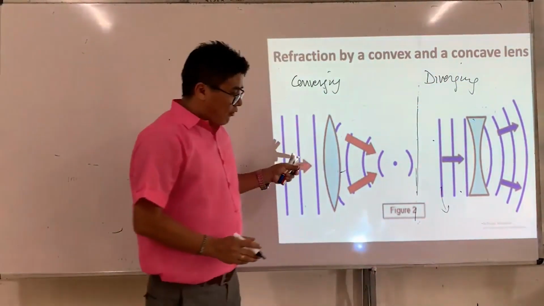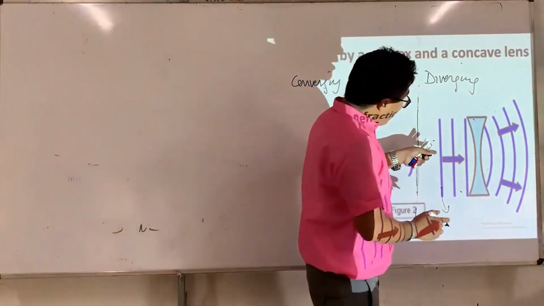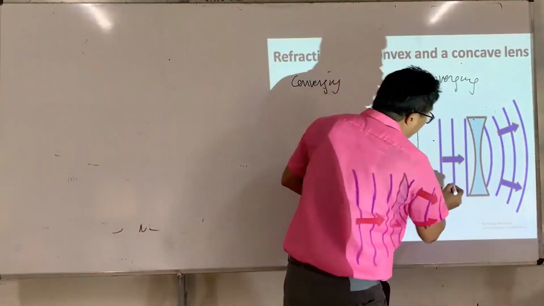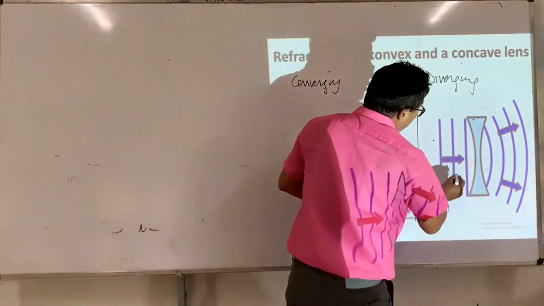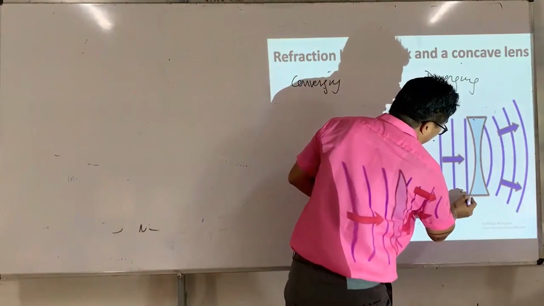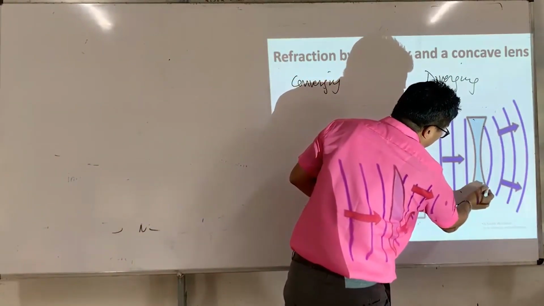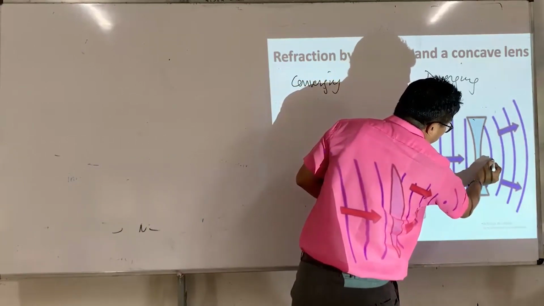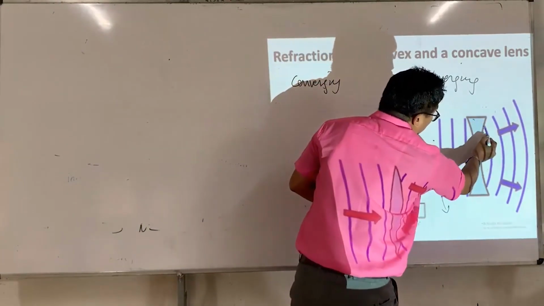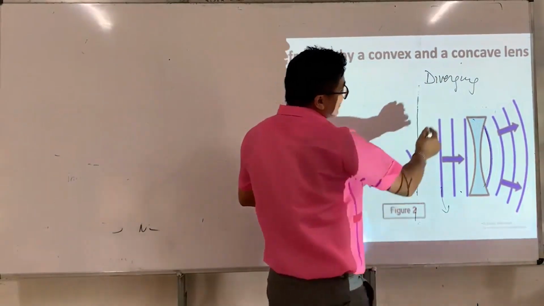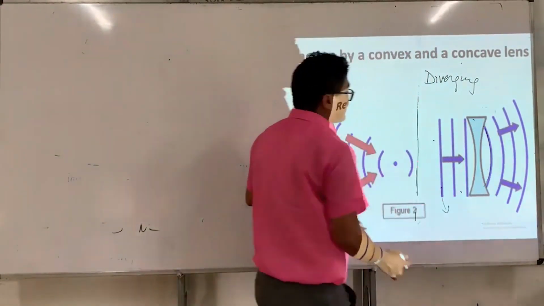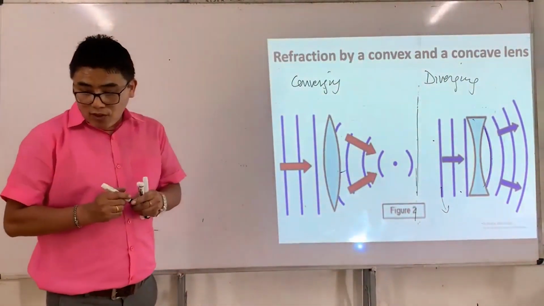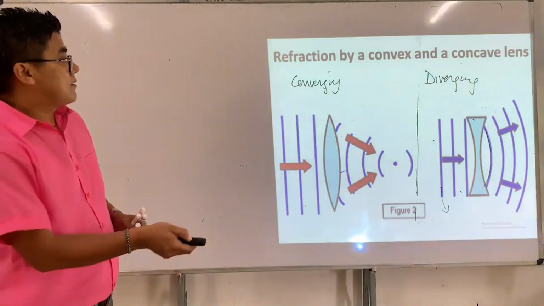Look at it, this I've already explained, and here this is the incident waveforms. When this portion of light reaches this point, the other portion of light travels a greater distance. So you get it like this, and as it goes like this, this is what we call divergence.